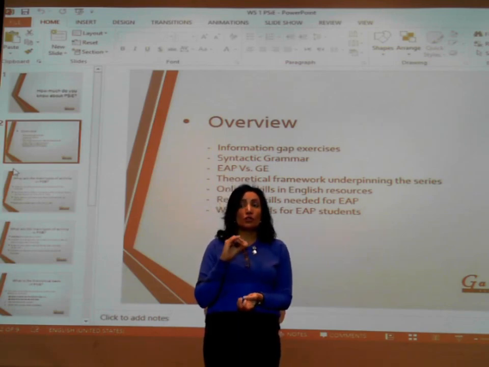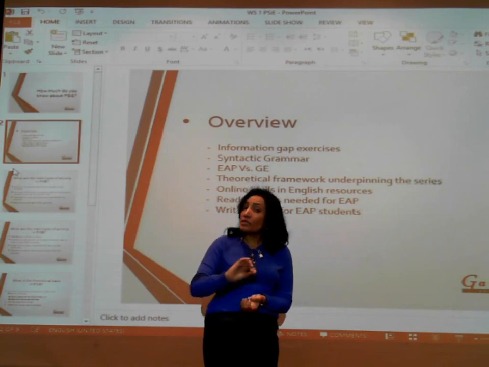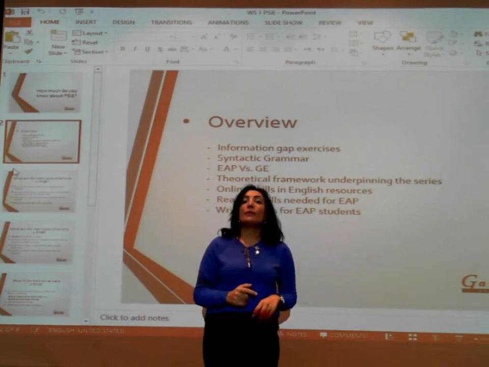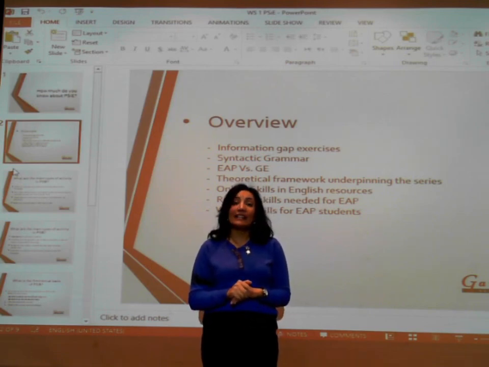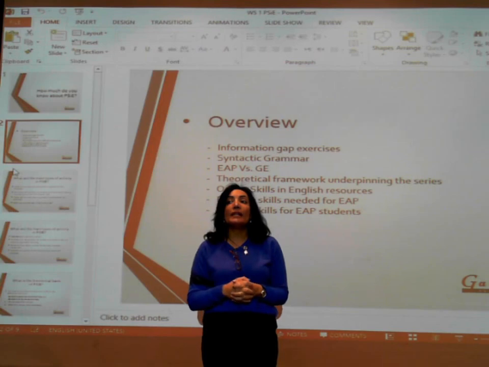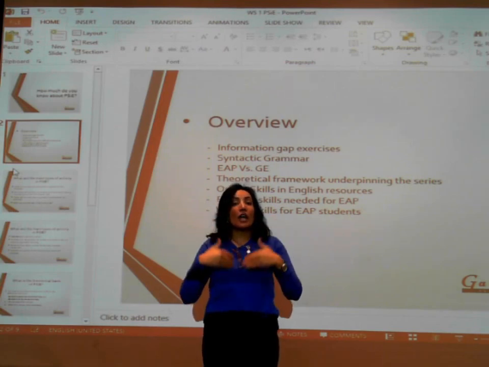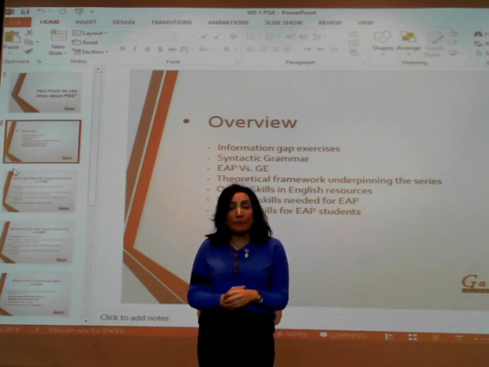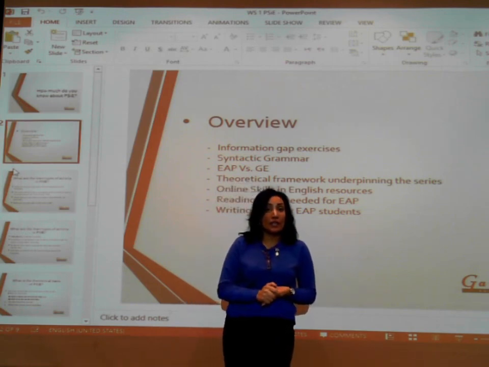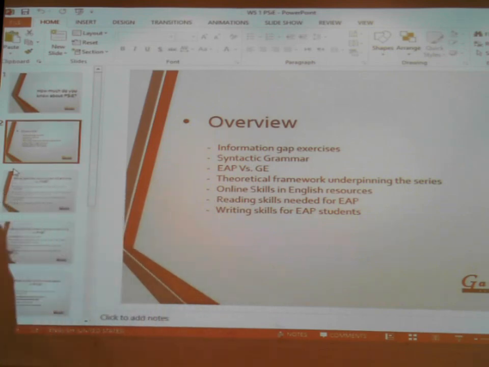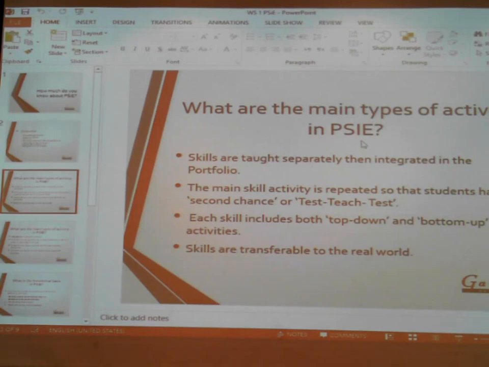Because in order for the student to know some information, build some vocabulary, and recognize some sentence structures or syntactic structures, he needs to build his information and knowledge, and this is usually driven from the listening track that the student gets to listen to at the beginning of the skill.